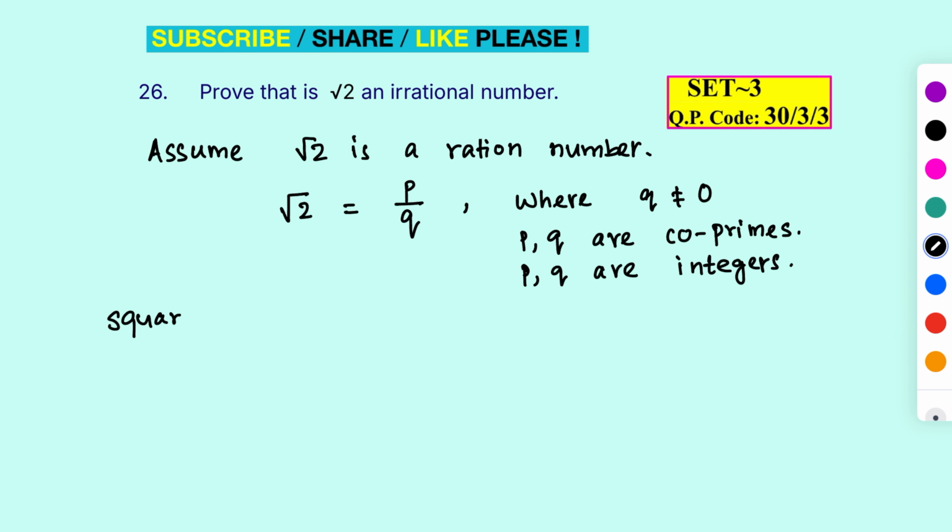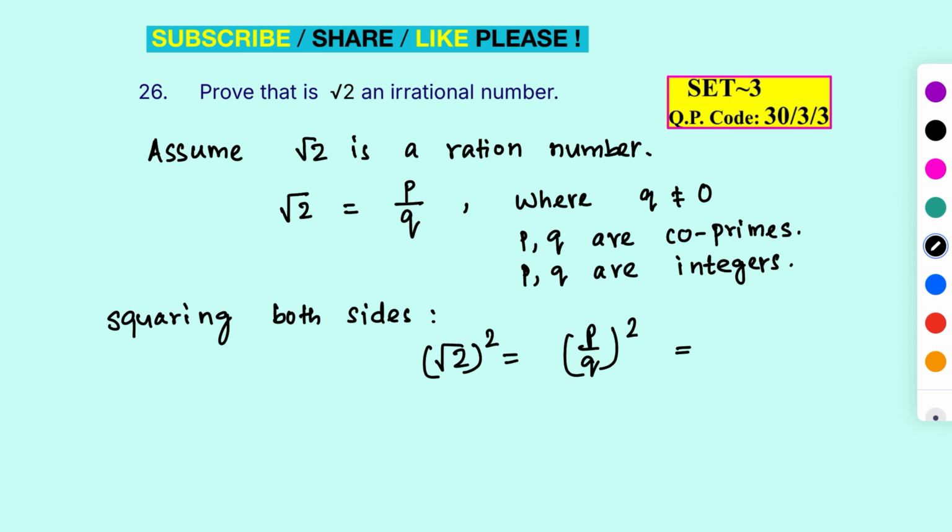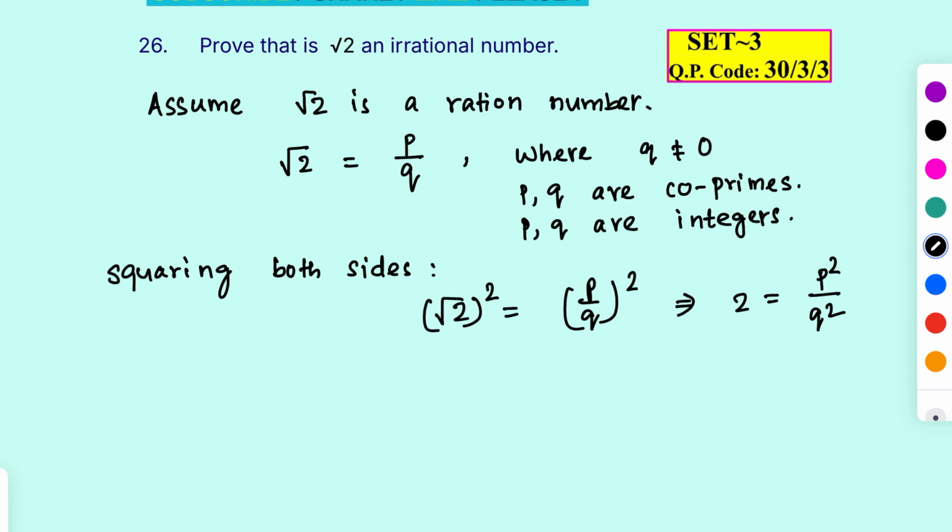Now squaring both the sides, we will get 2 is equal to, that is root 2 whole square is equal to p by q whole square, or 2 is equal to p square by q square.